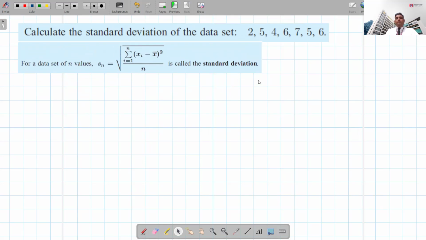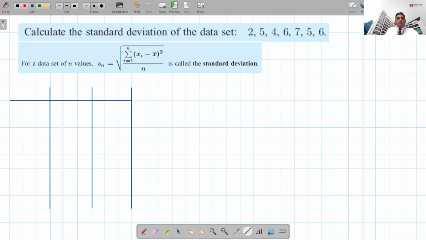Okay. Now what I'm going to do first is create a column for data. So this is xi.